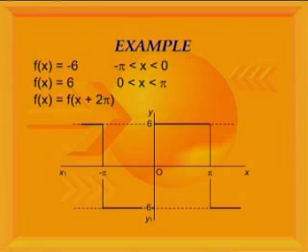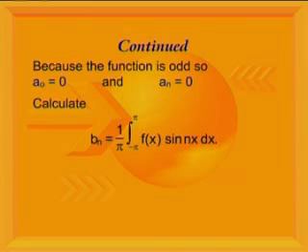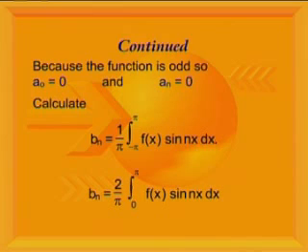So it is very easy to see that the function is odd, and for that you know that there is no need of calculating a naught or a_n, we will only calculate b_n. So b_n will be equal to 1 over pi into the integral of f(x) sin nx from -pi to pi, and now f(x) is an odd function, so therefore b_n is equal to 2 over pi integral of f(x) sin nx, x from 0 to pi.